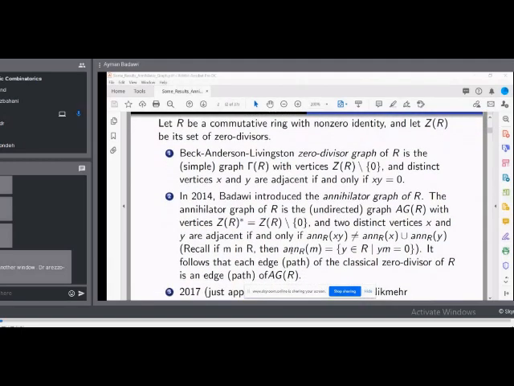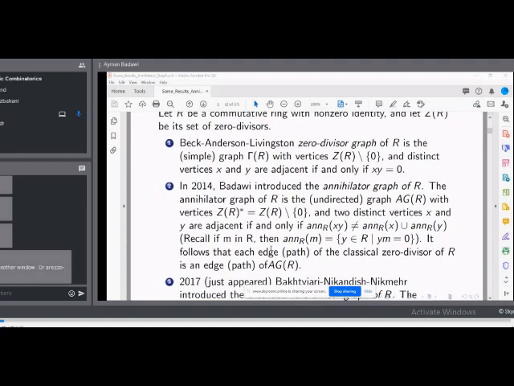You know what I mean by annihilator: the annihilator of M is all the elements y in R where ym equals 0.